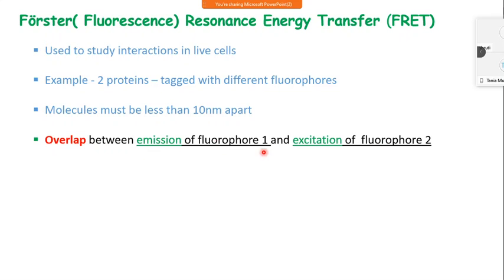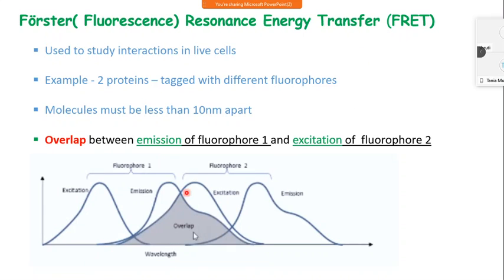That is the necessary condition, otherwise fluorescence resonance energy transfer cannot occur. In this diagram we can see the first fluorophore, its excitation and its emission, and here the excitation of the second fluorophore. There is a nice overlap between the emission and excitation.